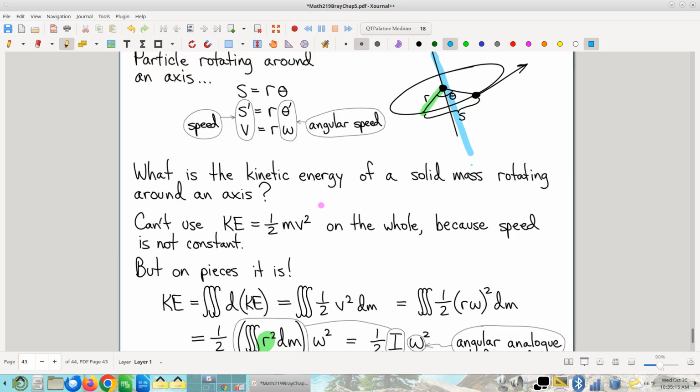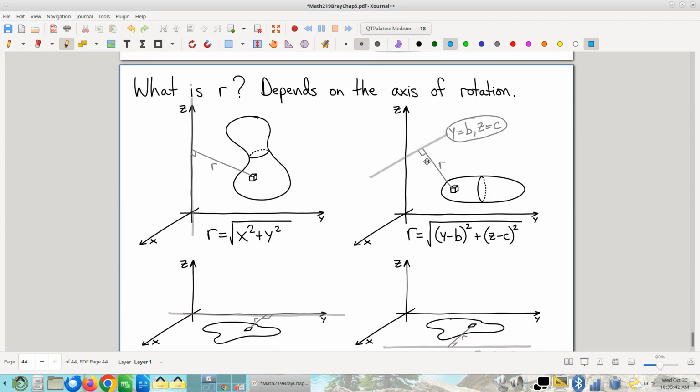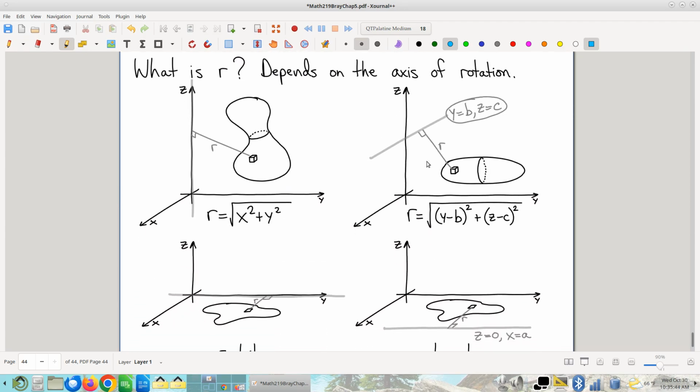So I'm sorry to say r is used a lot in a lot of different ways. So you've got to keep your head on a swivel on that as well. Just be on the lookout. So in this case, this r is referring to whatever is the distance from x, y, z, whatever your point is, to the axis that the rotation is going to be around. So it's different for different situations.